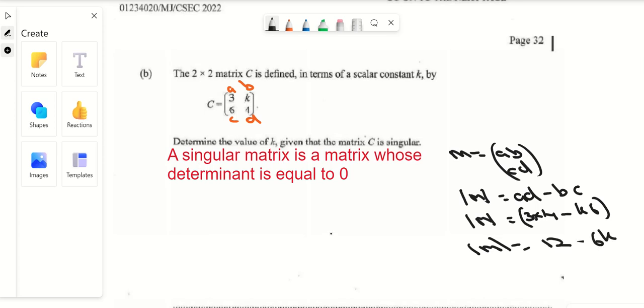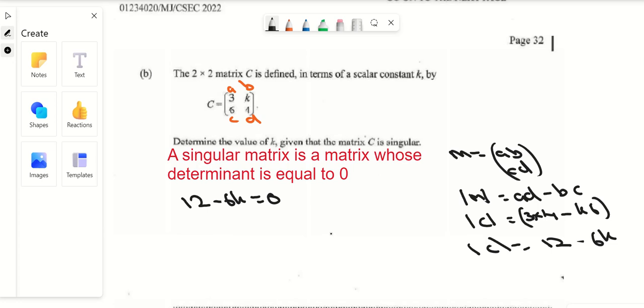Right? They told you it's a singular, so I'm saying matrix M. This is not matrix M. This is matrix C. Right? Matrix C would be AD, which is 3 by 4, minus BC, which is K by 6. So this would be, they told you singular, so that means 12 minus 6K is equals to 0.